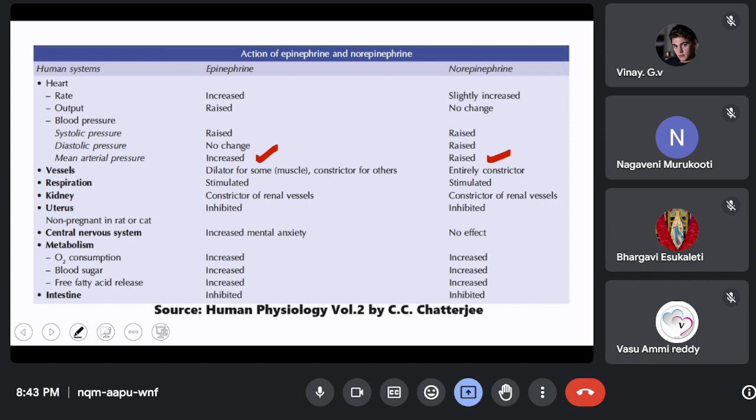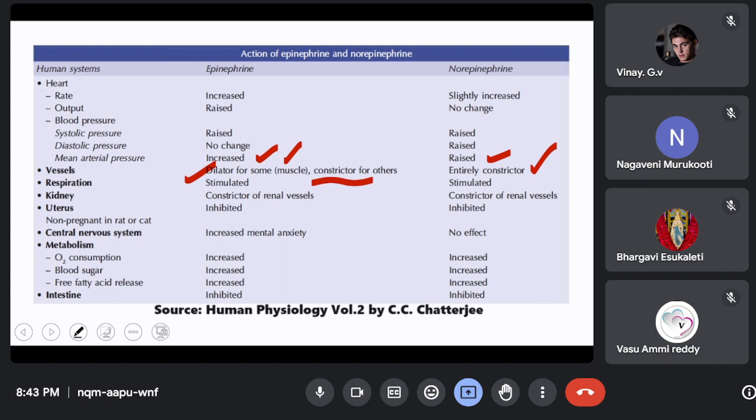In case of blood vessels, epinephrine is a vasodilator for certain muscles, as we have seen, skeletal muscle, and for all others, it is a vasoconstrictor. Whereas norepinephrine is entirely a vasoconstrictor, even in skeletal muscles.